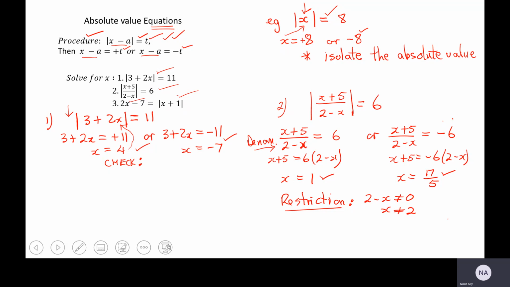Now, how do we go about solving such an equation? In number 3, let's have a look at it. So we have 2x minus 7 is equal to the absolute value of x plus 1, and we want to solve this equation.